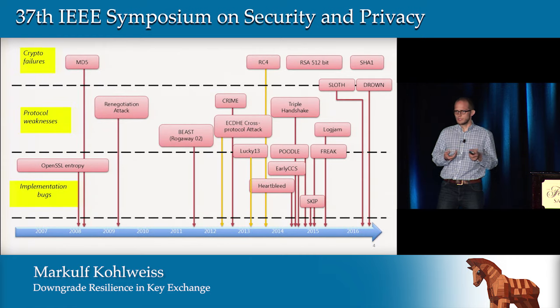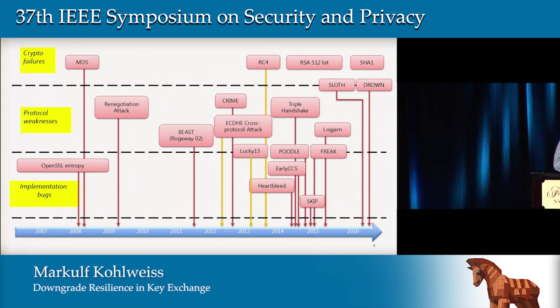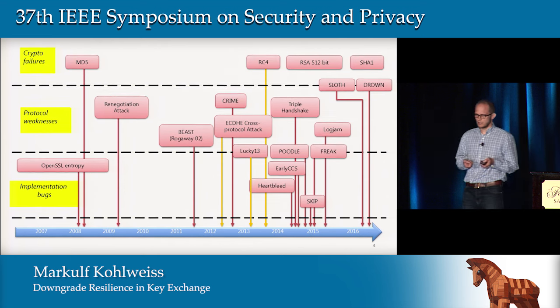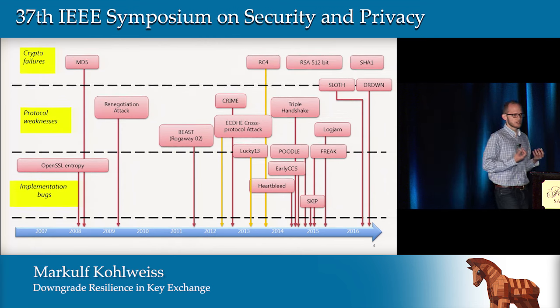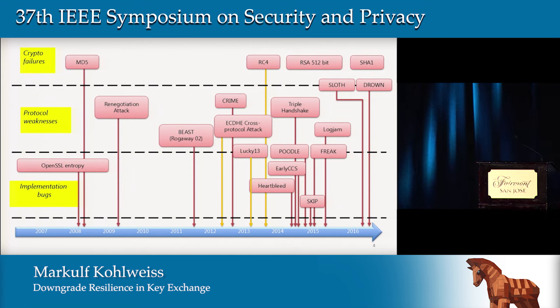So the configurability of TLS allows it to adopt new cryptographic algorithms while still supporting backward compatibility. You've seen a similar slide before, but this is split up into different types of attacks. This allows a quick or agile reaction to new cryptographic weaknesses. So you can turn off old crypto and turn on new crypto.